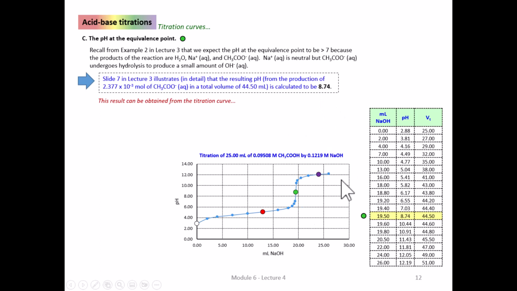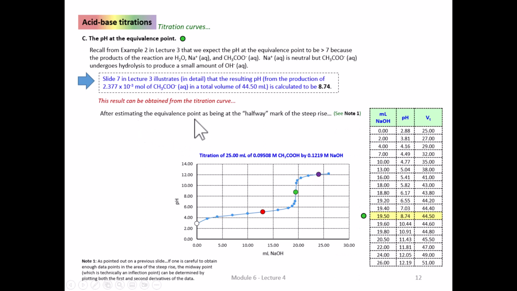We could actually get this result right from the titration curve without even doing a calculation. If you estimate the equivalence point as being halfway in this steeper rise here, and again, we remind you that if we had enough data points in this area, we could get a more exact position for the equivalence point by looking at the first and second derivatives of the data.